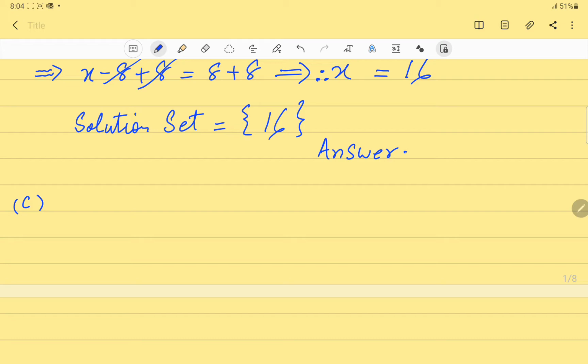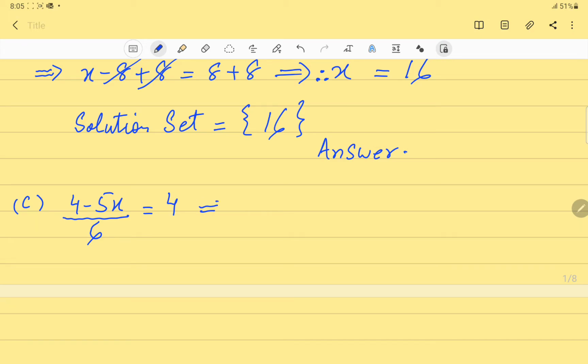Our third question, 4 minus 5x over 6 is equal to 4. Again the same type as the first two.